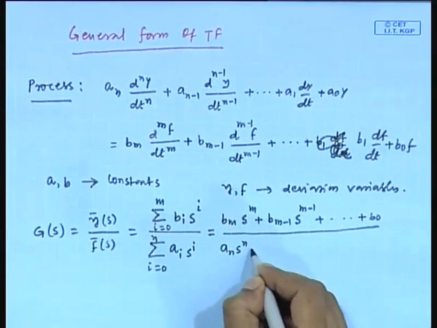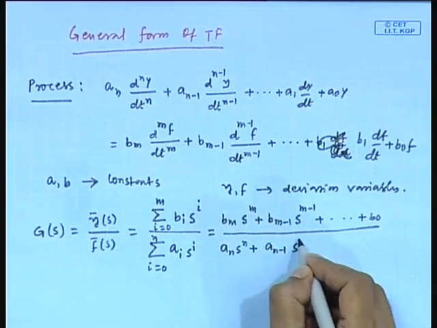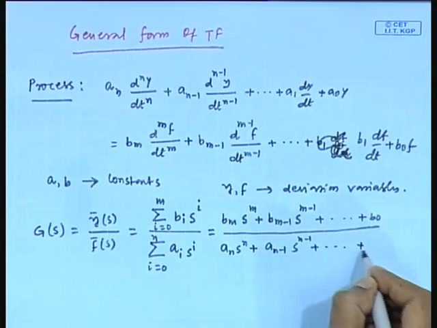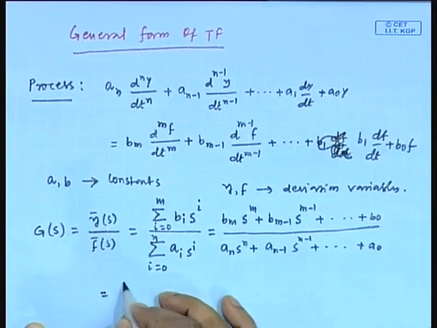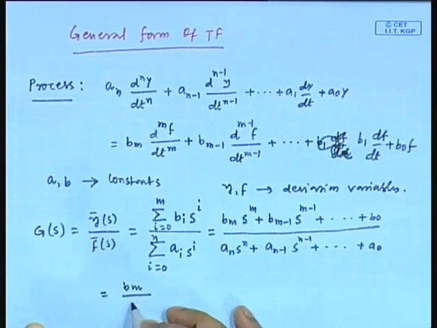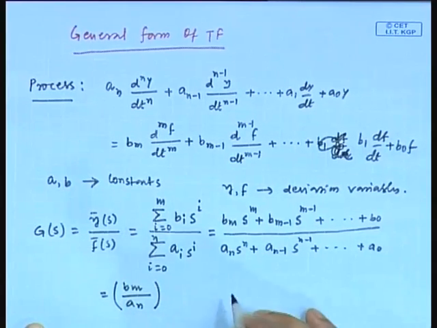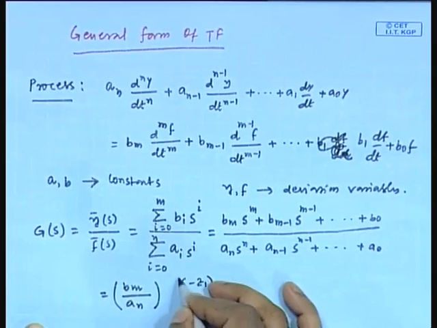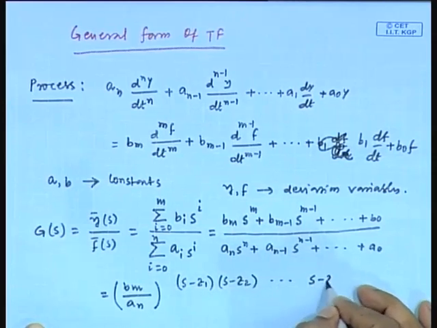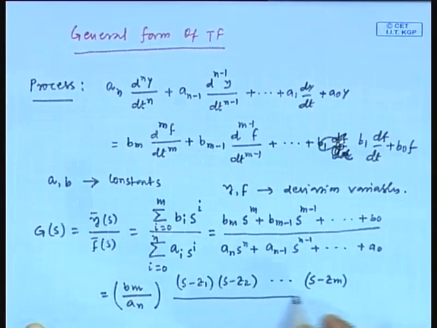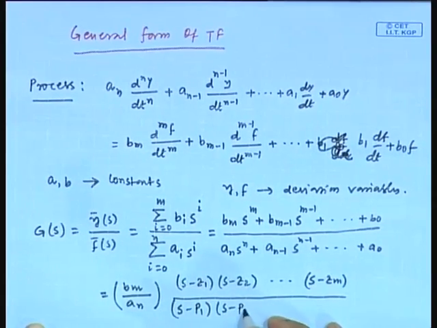a_n s to the power n, a_(n-1) s to the power n minus 1, and the last term is a_0. Now, if we take b_m divided by a_n common, we get (s minus z_1)(s minus z_2)...(s minus z_m) whole divided by (s minus p_1)(s minus p_2)...(s minus p_n).